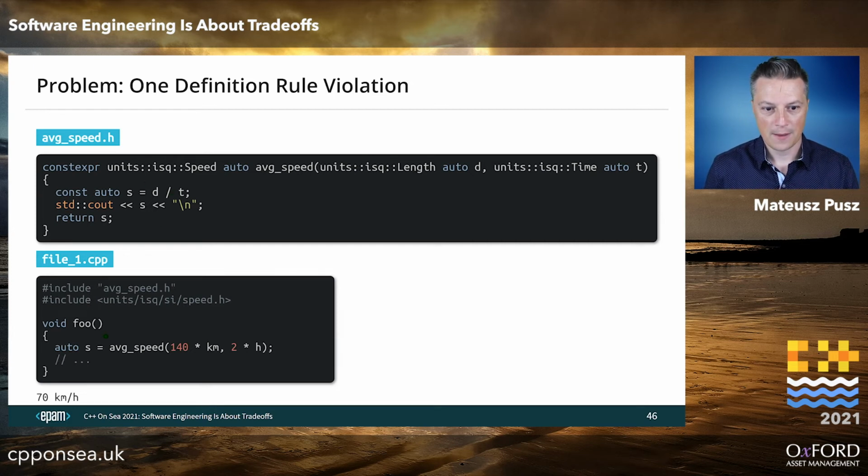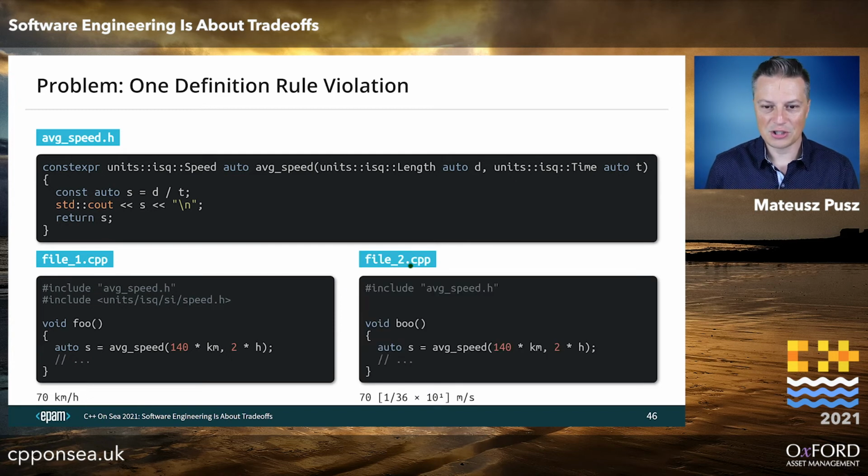While we are calling this function, we end up with this text on the console, also with this nicely typed type that we've seen before. However, in the second translation unit, you forget to provide this header file. You will end up with something like this one, a raw result of the dimensional equation.